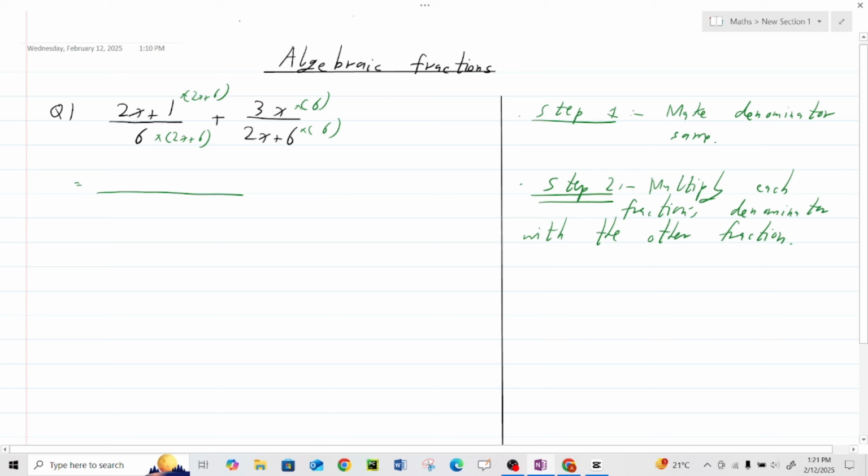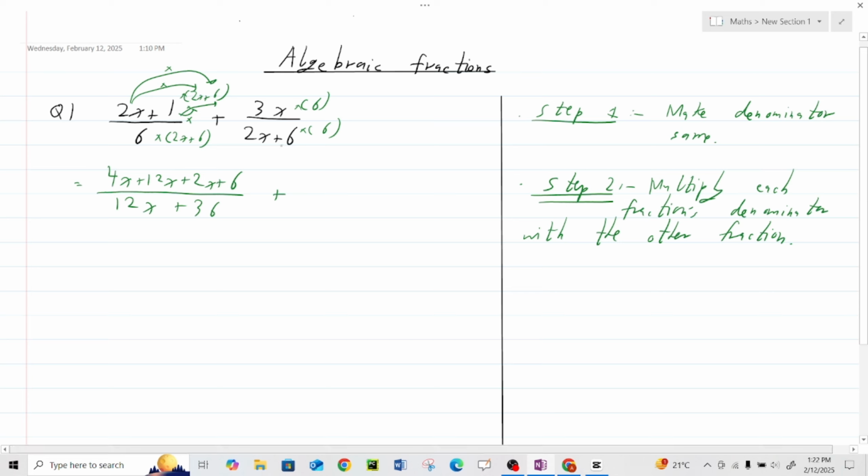On the bottom I'm going to get 6 times 2x, that's 12x, and then 6 times 6 is 36. It's the same thing over here because we have the same numbers being multiplied. Then we multiply 2x by 2x, which gives 4x squared, 2x times 6 gives 12x, then 1 times 2x gives plus 2x, and 1 times 6 gives plus 6.